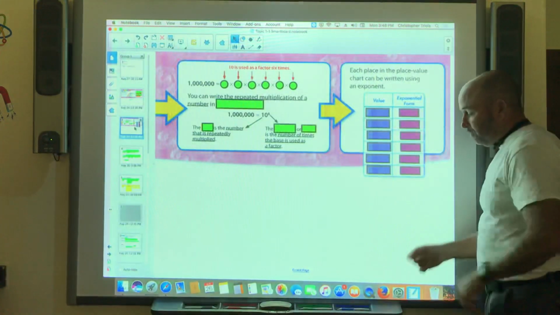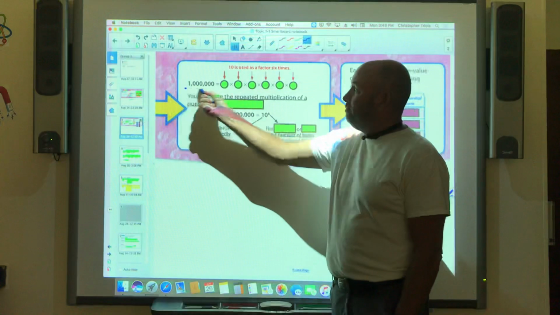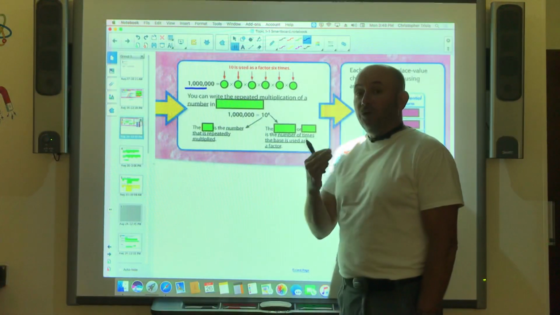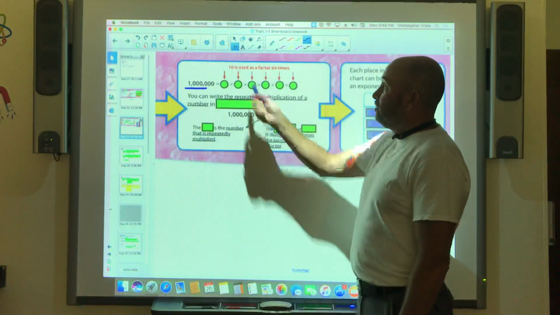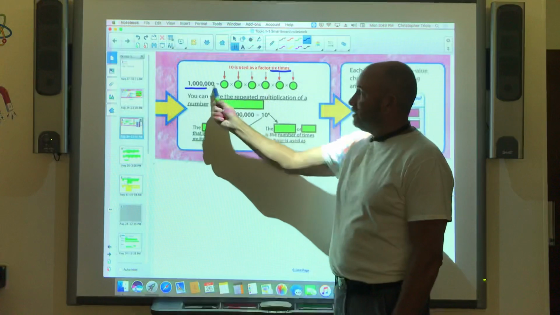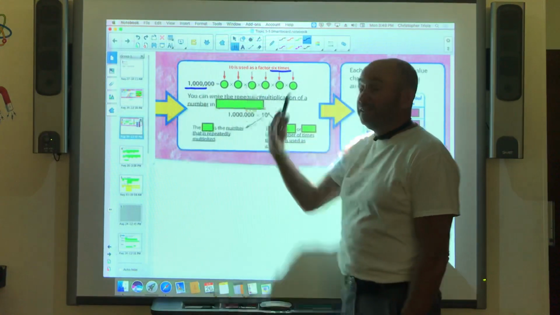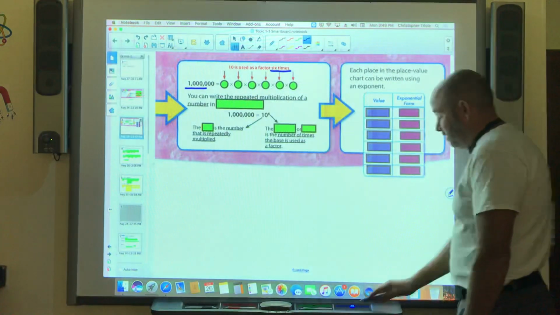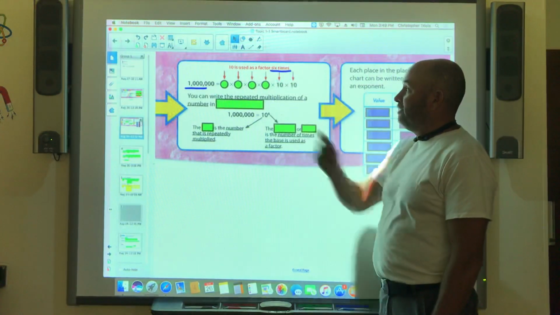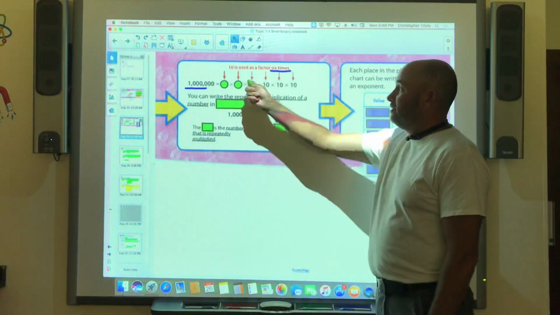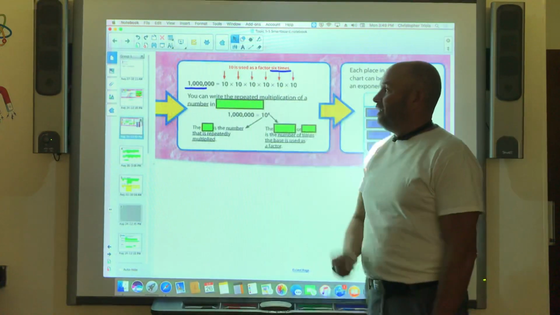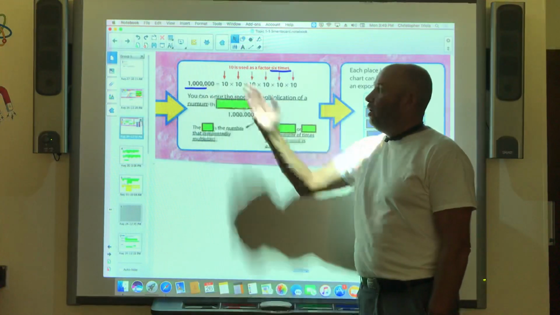So then we go on and we see that we have 1 million, but we want to express 1 million as multiplication by 10. So 10 will be used as a factor 6 times. Now notice that there are 1, 2, 3, 4, 5, 6 zeros in 1 million. Okay, and notice that it takes 10 times 10 times 10 times 10 times 10 times 10 to equal 1 million.